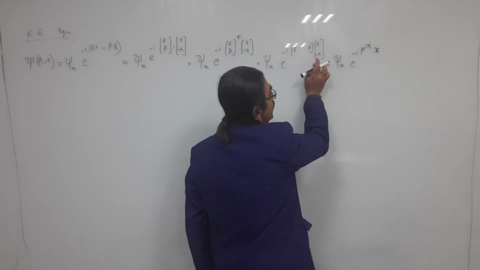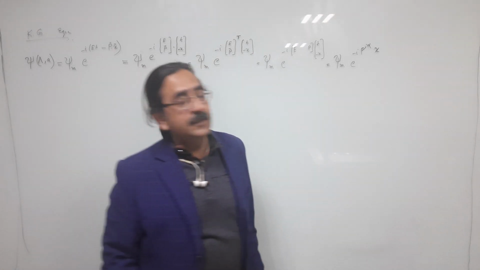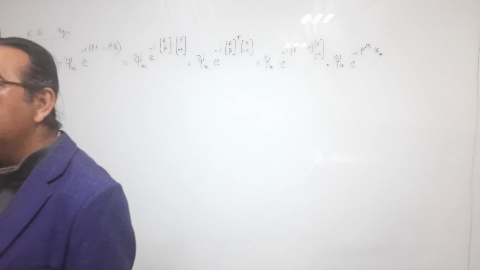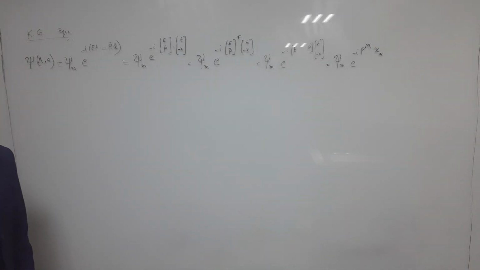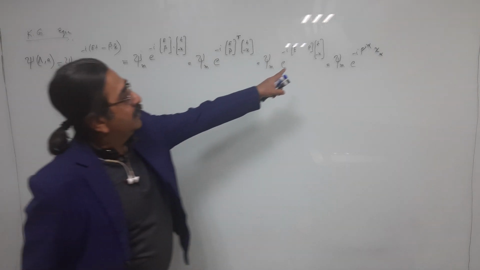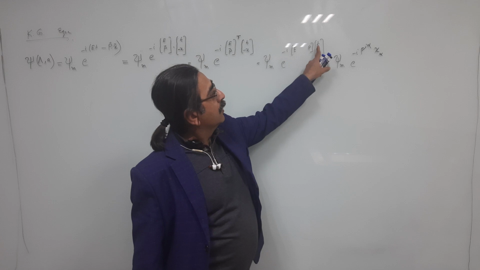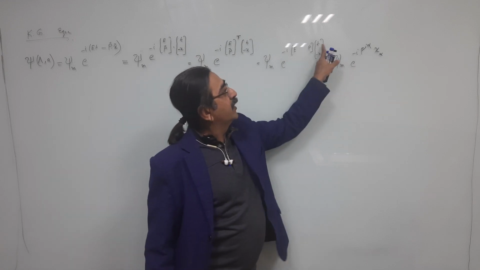Because t is positive and x is minus, this is contravariant, and the rows are changing, first row and second.